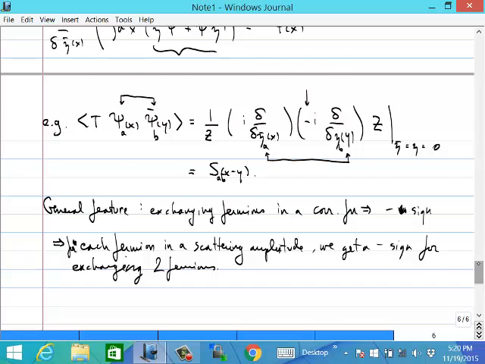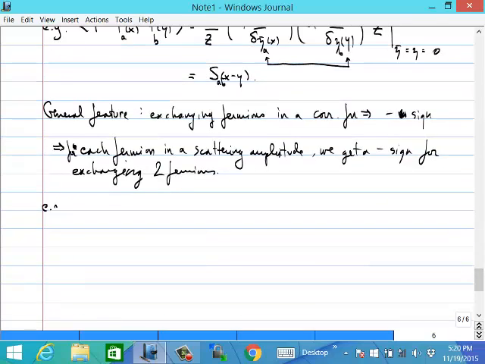So, for example, let's imagine that you have some scattering process where you have two fermions, say an electron and an electron, that come to form some boson. I guess that boson would have to have charge 2 in order for this to be consistent with charge conservation.